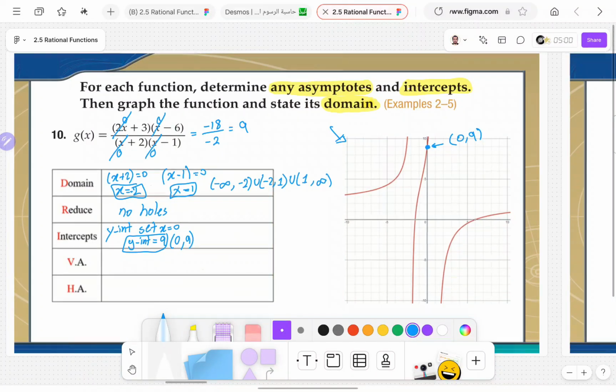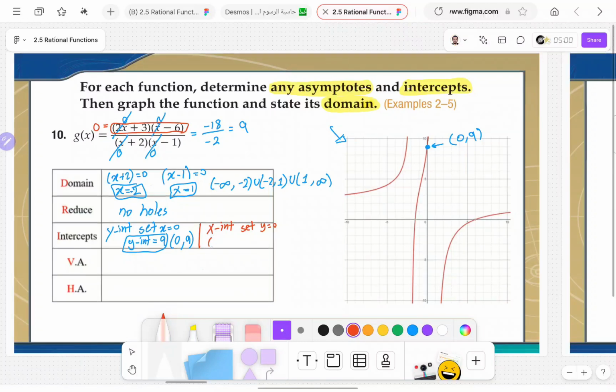Okay. Now, how can we find the x-intercept? To find the x-intercept, set y equal to 0. And if I set y equal to 0, as you can see, this is a rational function. And I will give you an easy way. Just take the numerator equal to 0 and solve it.